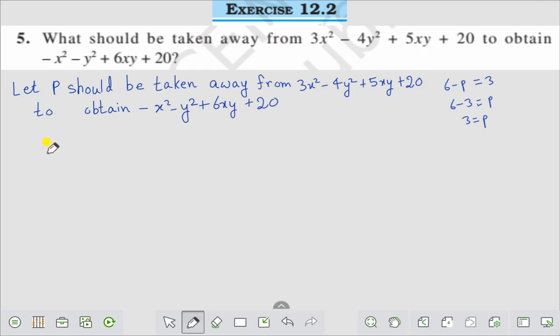Therefore, according to the question, 3x square minus 4y square plus 5xy plus 20 minus p is equal to minus x square minus y square plus 6xy plus 20.